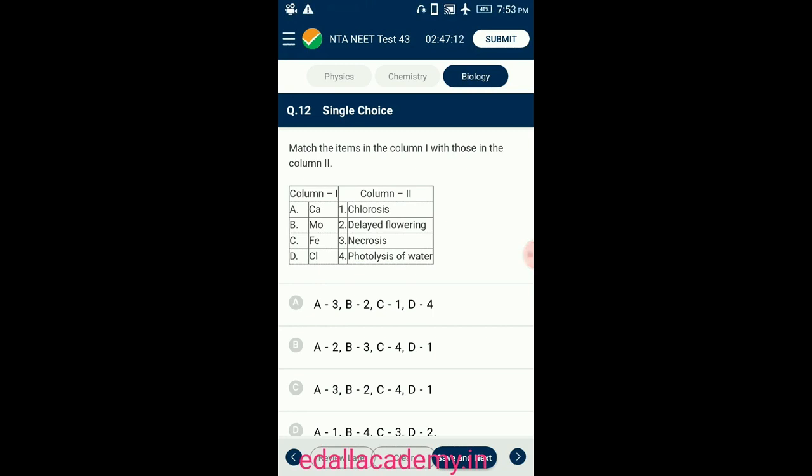Necrosis refers to the death of tissues resulting from deficiency of elements like calcium, magnesium, copper, potassium. Delayed flowering results from deficiency of elements like nitrogen, sulfur and molybdenum. Molybdenum is a component of various enzymes like nitrogenase and nitrate reductase, both involved in nitrogen metabolism.